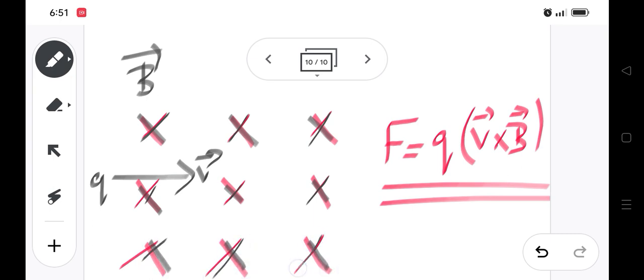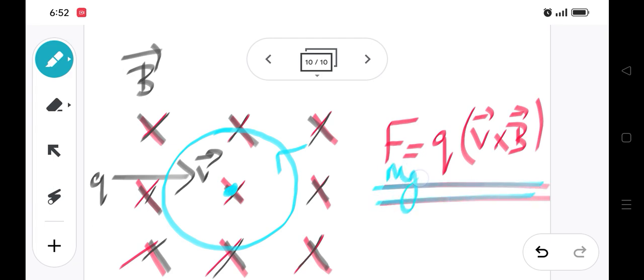Now we can find that this charge performs circular motion inside this magnetic field. In order to maintain that circular motion, the magnetic force, which is F magnetic equal to q into v cross B, provides the centripetal force required for that circular motion.